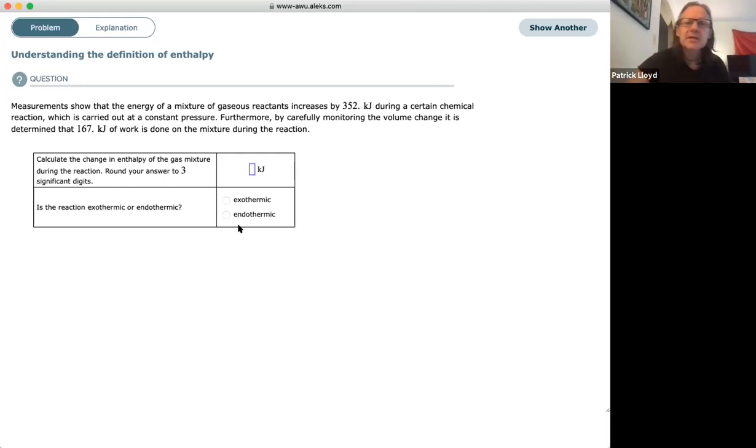And then is it endo or exothermic? Okay. So let me go through and show you this one. This one's actually relatively simple. It's just a matter, again, it's a word problem, right? So what they're saying is that your change in energy, delta E, is positive. It increases, so that's positive 352 kilojoules, okay?